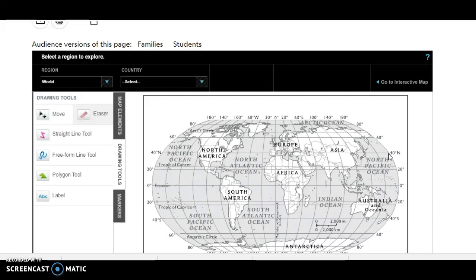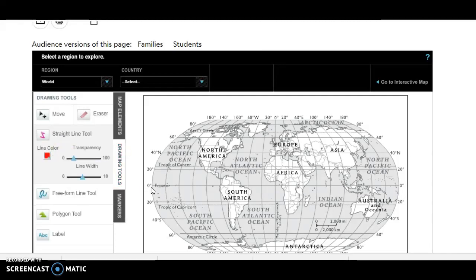And there's a numbering system for latitude and longitude lines. You'll see that the equator has a 0 for its number, and the units in which we measure latitude and longitude are degrees. So the equator is 0 degrees.